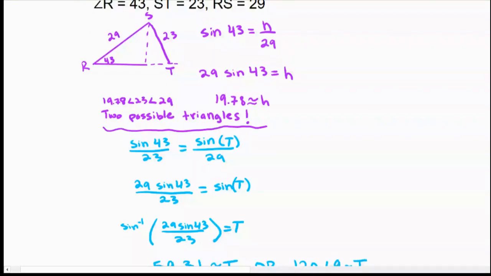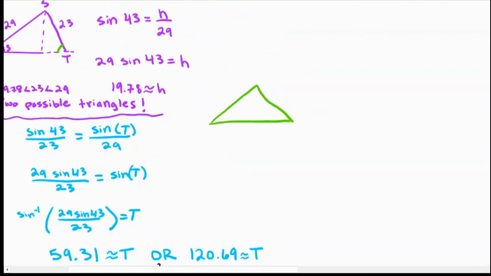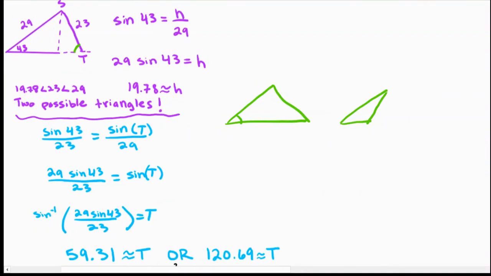And we're just checking from there what the angle is of my bigger triangle. I'm going to redraw this here. I know that there are two triangles: this bigger triangle, and this skinnier triangle, where the angle is 43, adjacent side 29, opposite side 23.